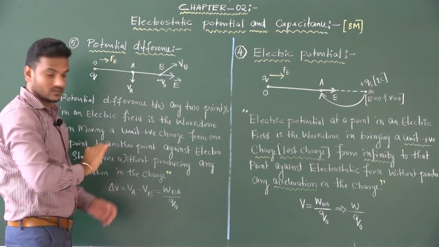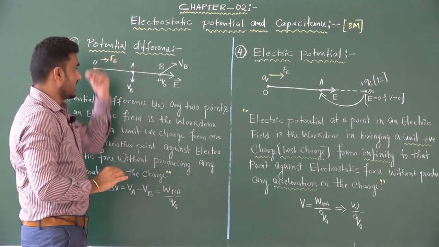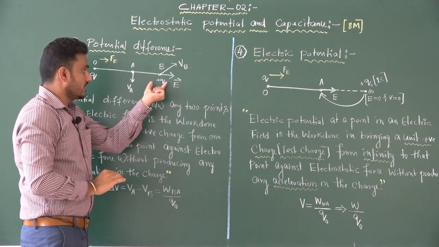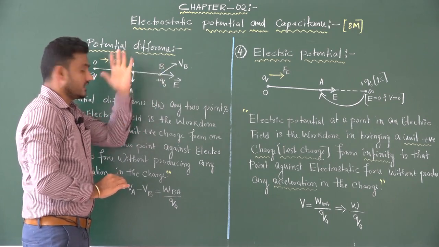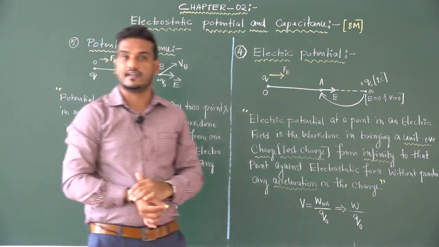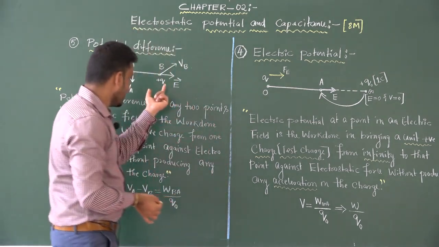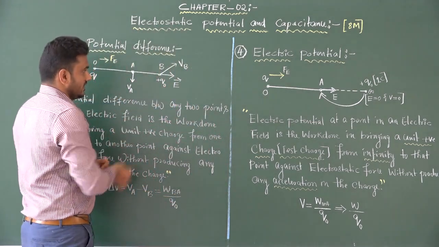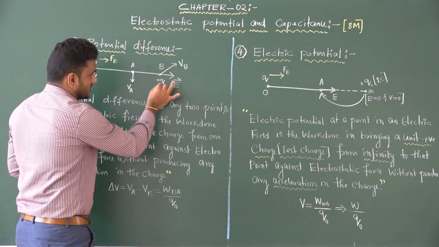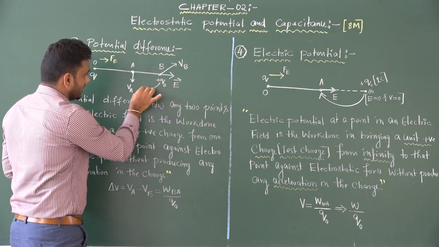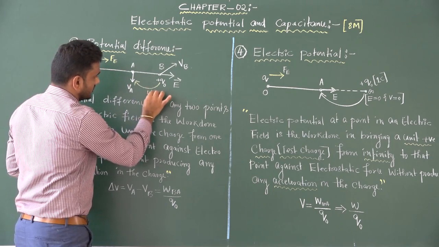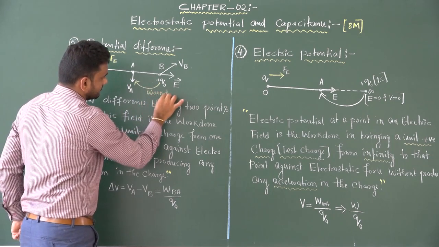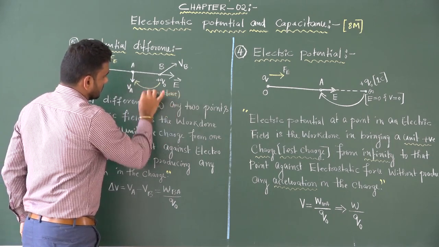So against this electrostatic force, we need to bring the unit positive charge from point A to point B. Again, work is needed. So we are doing some amount of work done in order to move the unit positive charge from A to B.